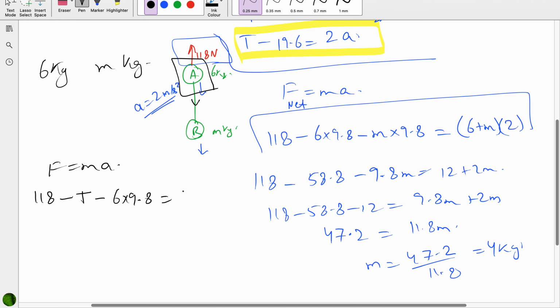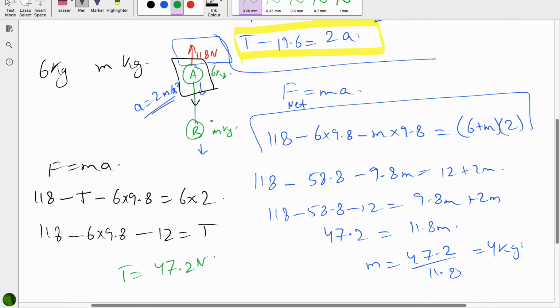On the other side, mass is 6 and acceleration is already given, which is 2. So 118 minus 6 into 9.8 minus 6 2 times is 12, and T goes on the other side, and we simplify. 118 minus 6 into 9.8 minus 12, and tension is 47.2 newtons.